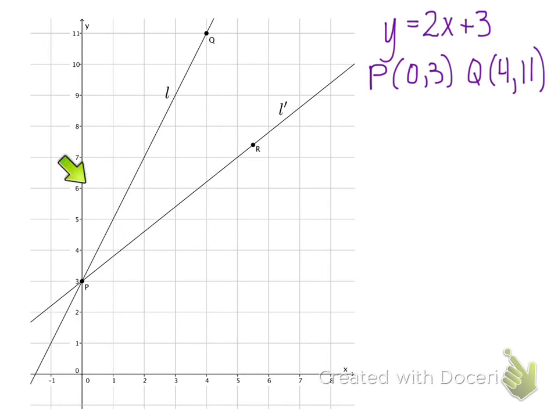Okay, so what we have here is line L, and it goes through the points P and Q, like we stated in the beginning.